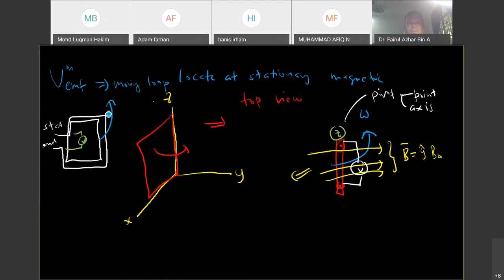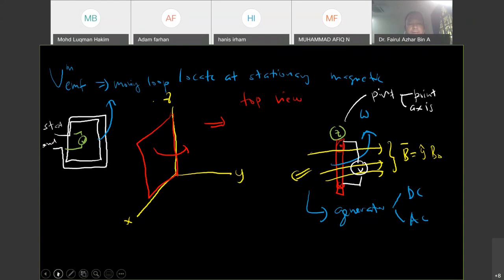This condition is similar to what we have in a generator, for example. We can have a DC or AC generator, depending on how we connect these terminals.